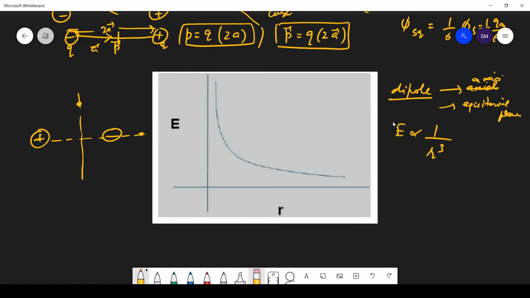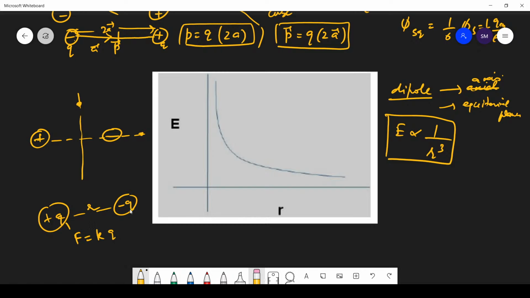In both cases, E is inversely proportional to R cube. Whereas when we talk in terms of forces, the force between two charges a distance apart is the Coulomb force, K Q1 Q2 by R square.